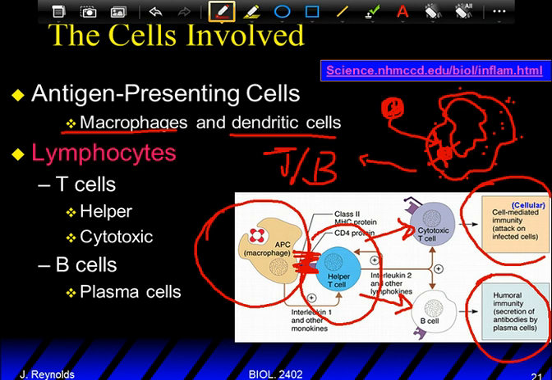So you're going to hear a lot more about helper T cells. Helper T cells are the pivotal middlemen. They're mainly part of cellular immunity, but they can play an important role in humoral immunity because they can interact with B cells.